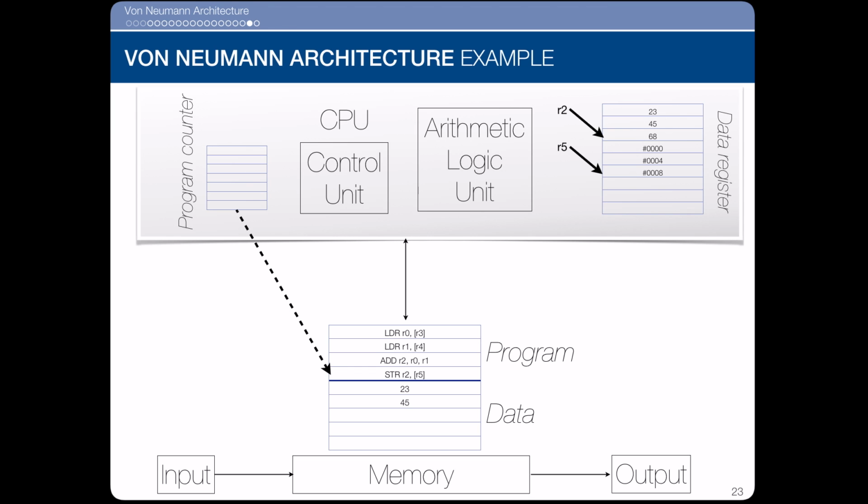So here this is the address 8. That means that we can store that 68 into that part of the main memory. And we can imagine that now we're able to print or display the output on the screen. And that's it.